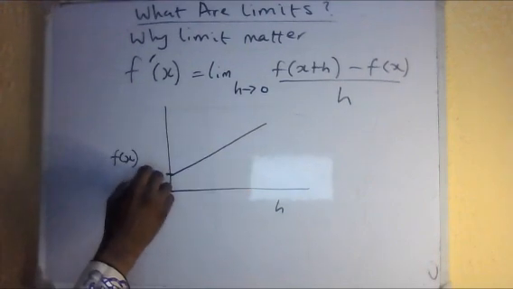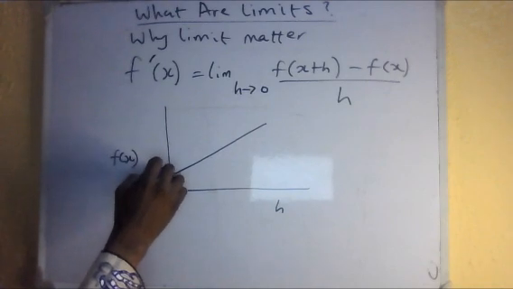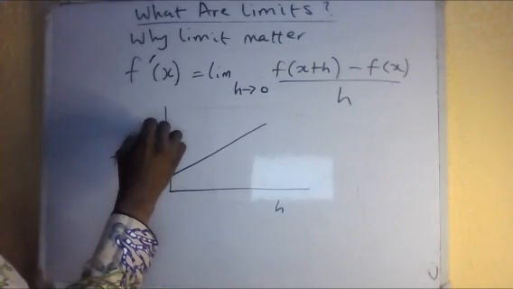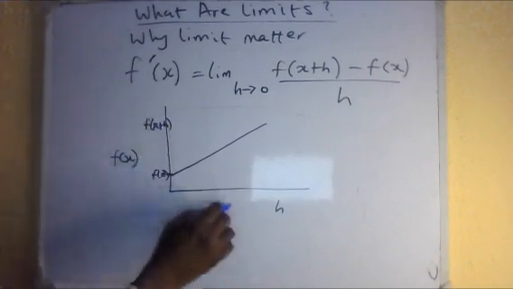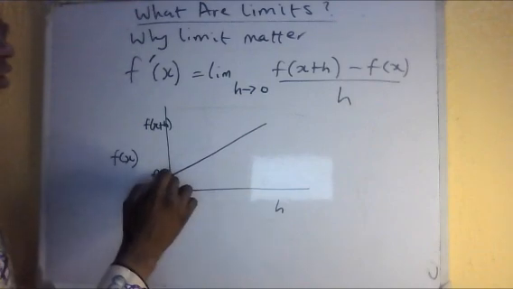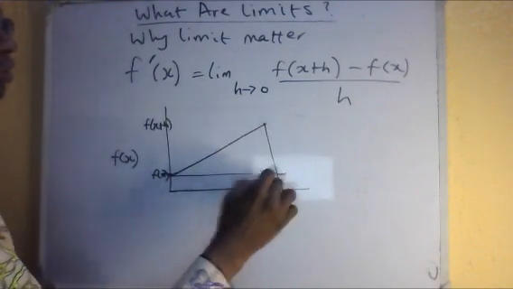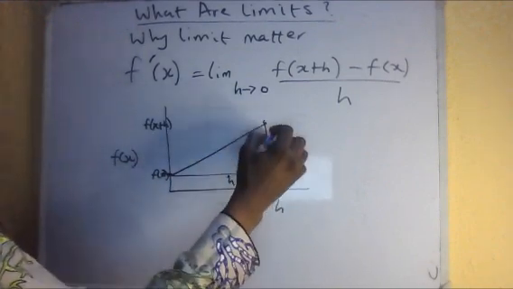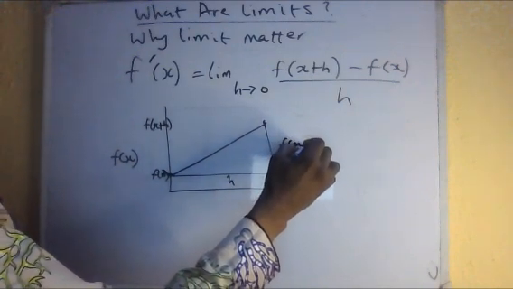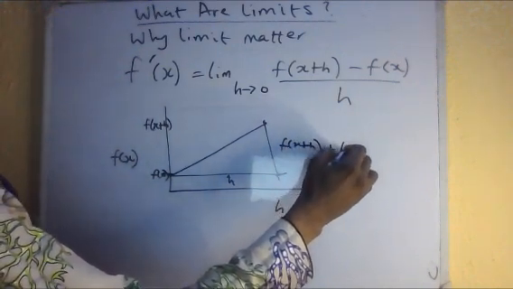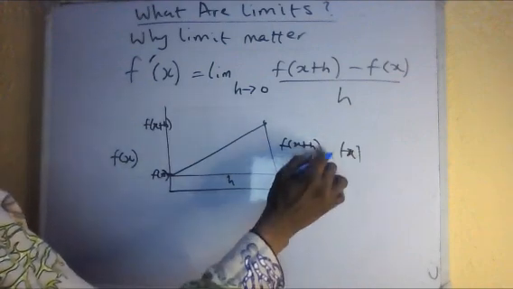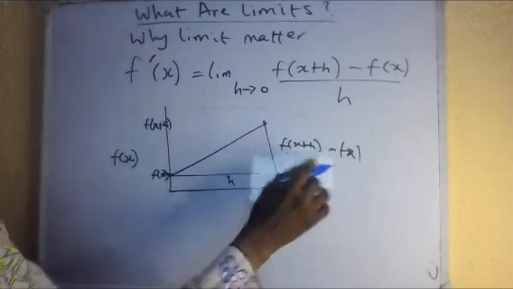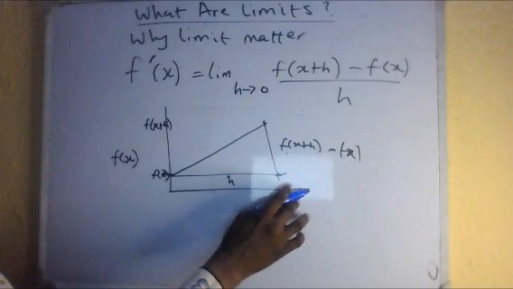So this is the starting point, and by the time you add something to x, I have x plus h. That is from here to here, and this distance is h. The difference between here and here is f of x plus h minus f of x, and this is the x-axis.